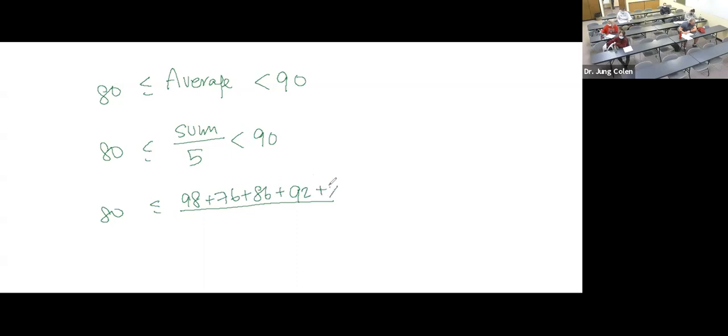That's what we are looking for, so we can put that as x. So my x is defined as the fifth test score. Divided by 5, that is the average of 5 tests. That is between 80 and 90, where 80 is included and 90 is not.